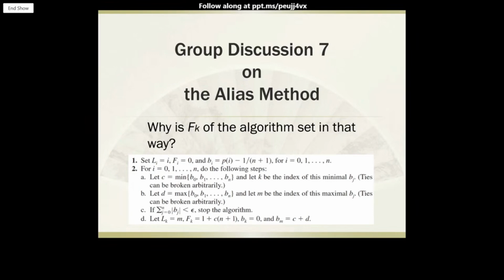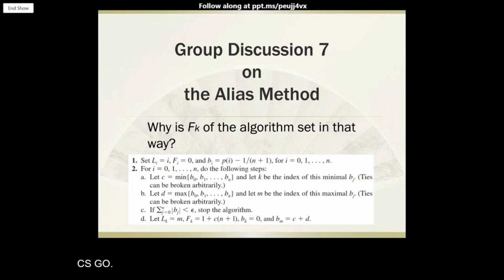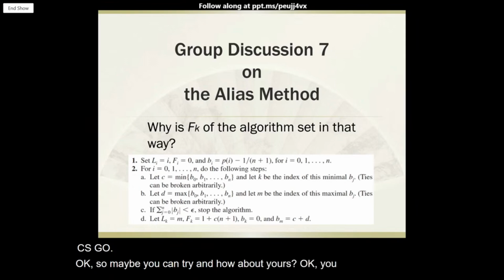So let me measure any possible solution. Good one. So let me have a look at that. Okay, so maybe you can try. And how about yours? No, not yet. Okay, you have it? Okay, you can try.